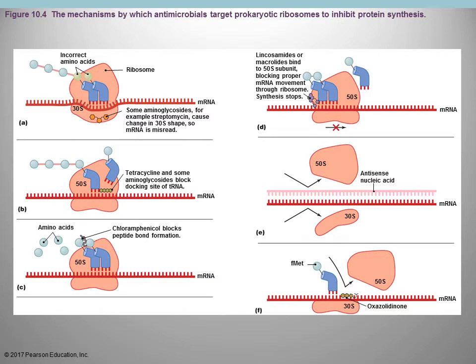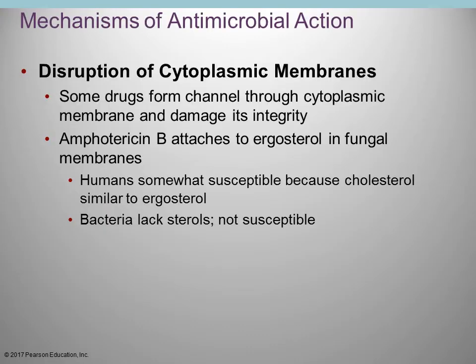You can prevent the large ribosomal subunit from coming in. Basically, then your tRNAs cannot bind in. They can interfere with the peptide bond formation that's supposed to occur between the two amino acids being held in site. So there's multiple steps along the way that you can interfere with protein synthesis.